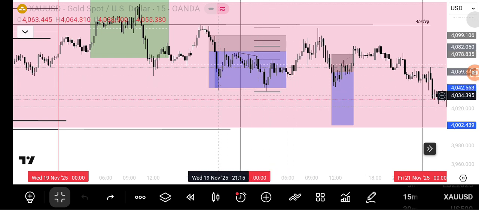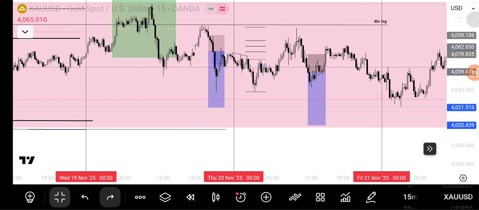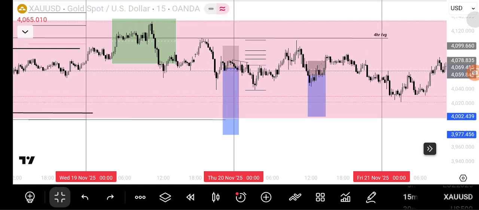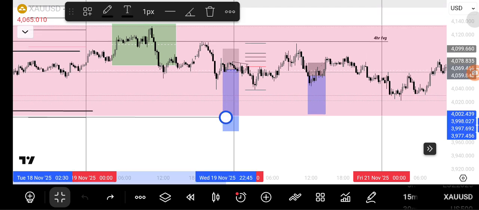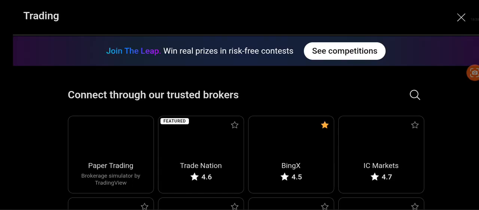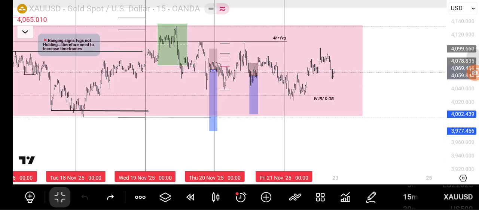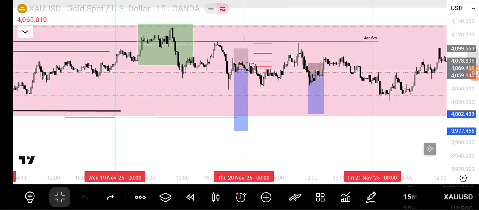That's why I think I shouldn't really be targeting even lows, because from my initial position, let me take you back. For my initial position, you can see I was targeting below these liquidities that were here, below the Tuesday's lows. I was targeting Tuesday's lows, below the lows, because I thought the market would have maybe gone lower, but that was wrong.